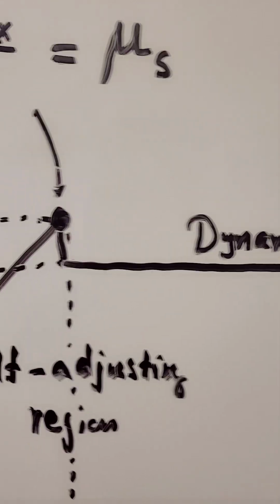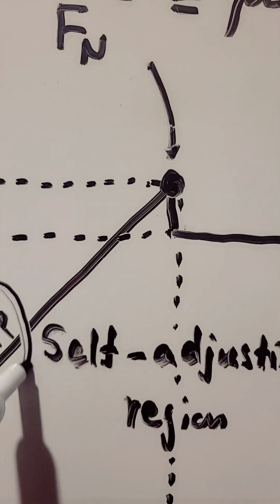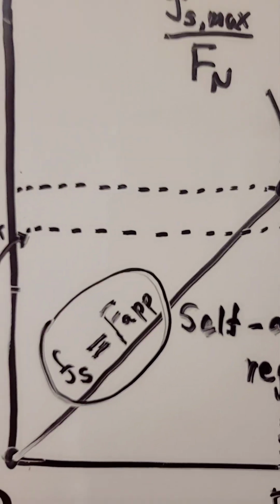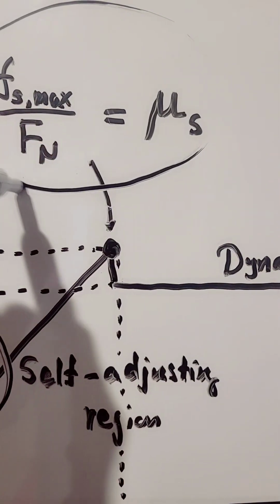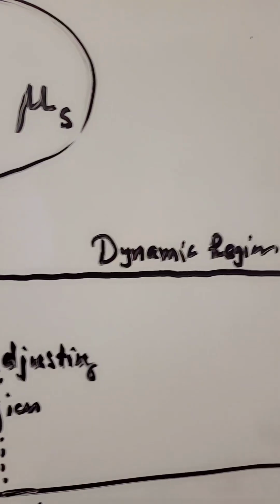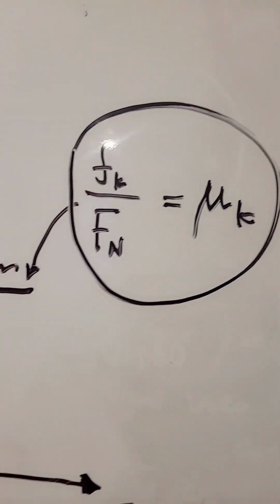Okay, so we have pretty much three equations. This is the equation for the self-adjusting part. Then that's the maximum value of the static friction force. And then finally, we have the kinetic friction force equation for that.